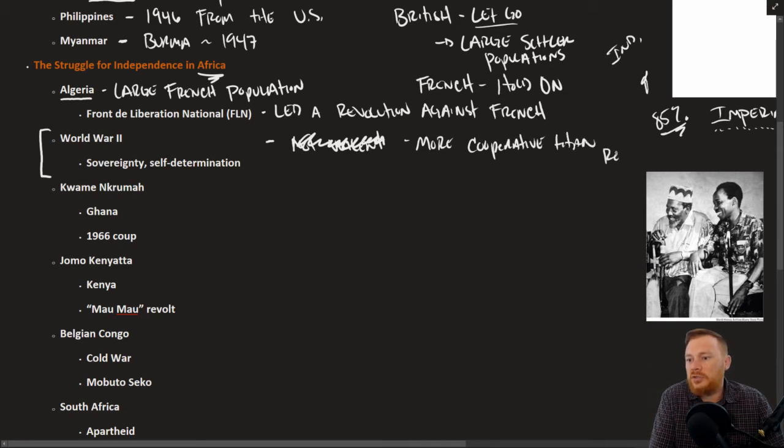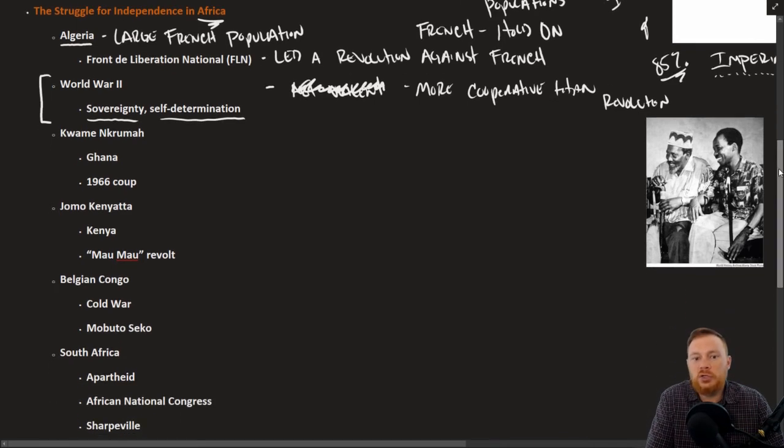Right? I think that's actually what your textbook states. There certainly was violence, so we'll say that it was more of a cooperative effort than revolutionary. A lot of influence from World War II, especially ideas about sovereignty and self-determination, influenced nationalist movements on the African continent. Some nationalist leaders include Kwame Nkrumah.